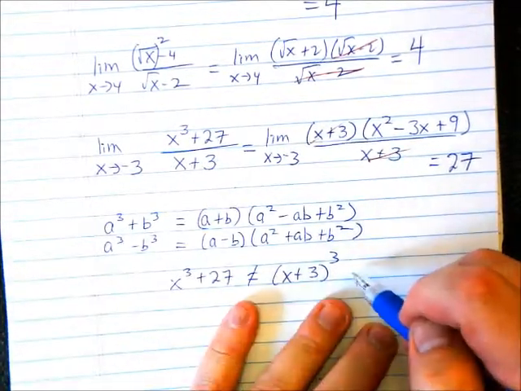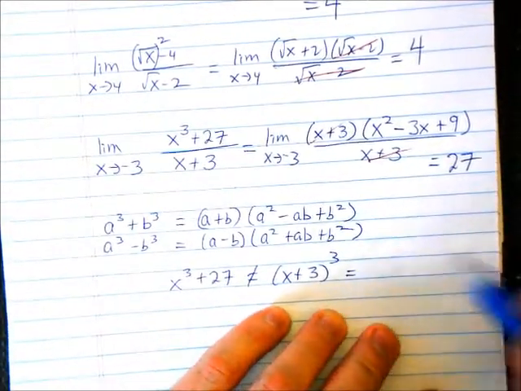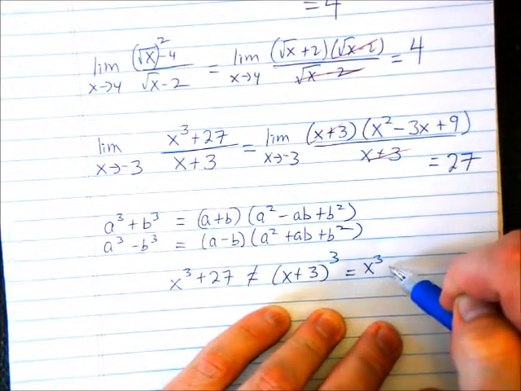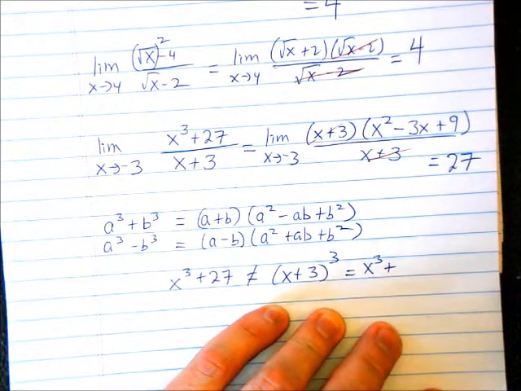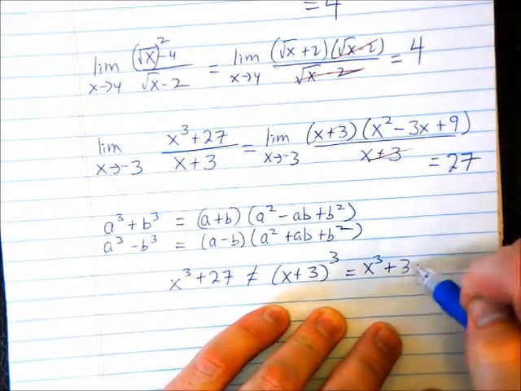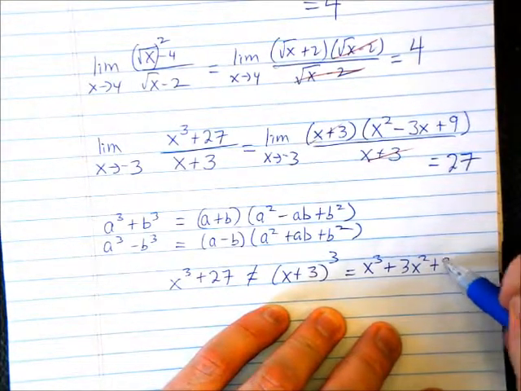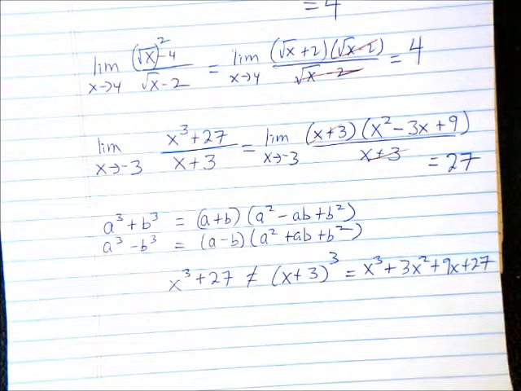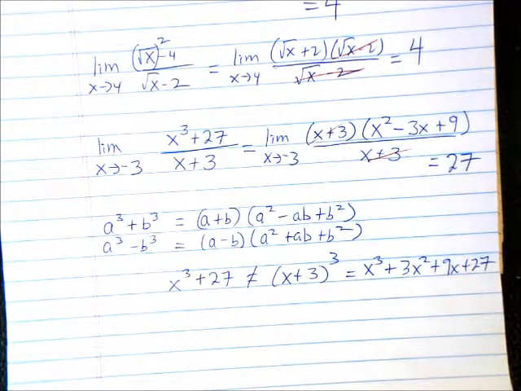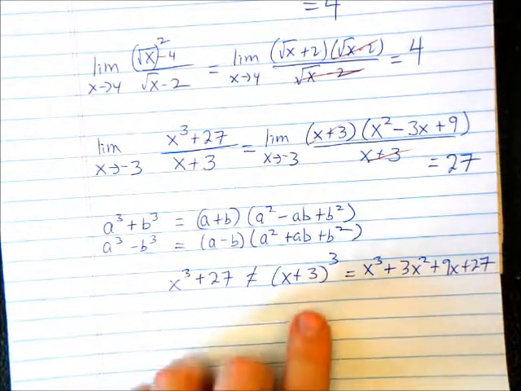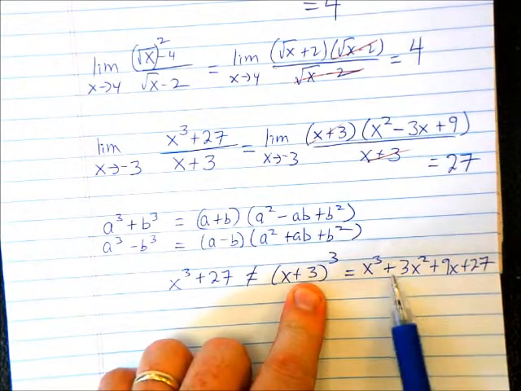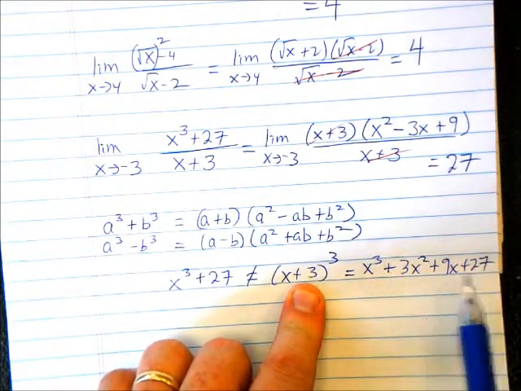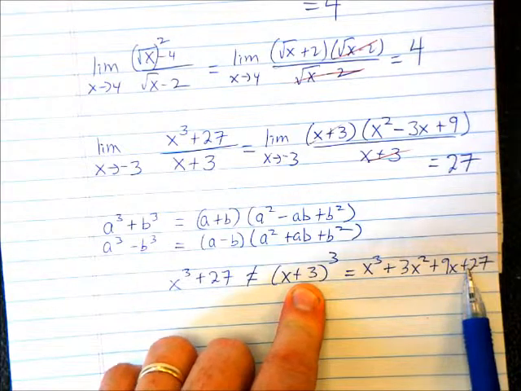So this one happens to be x cubed plus 3x squared plus 9x plus 27, I think, if you FOIL it all out. X minus 3 cubed would be the same, but you would get a minus here, and you would get a minus there. So that one wouldn't work either.